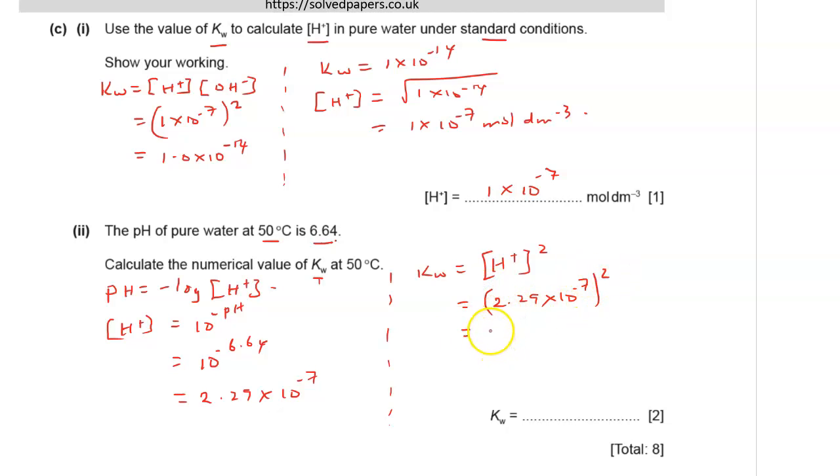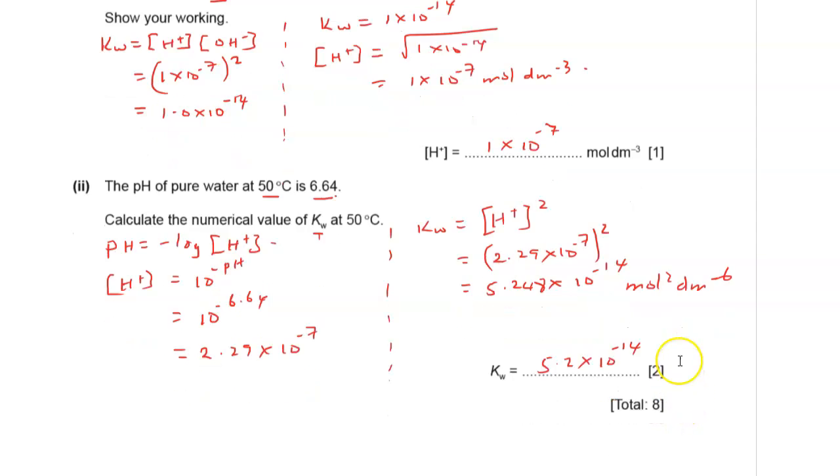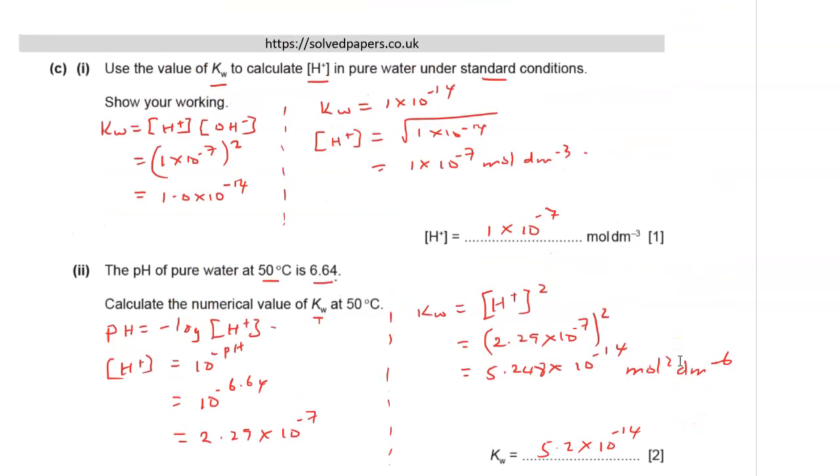And this will give us 5.248 times 10 to the power of minus 14, which is approximately 5.2 times 10 to the power minus 14. The units are moles squared per dm cubed to the power minus 6. Okay, there you are, guys.